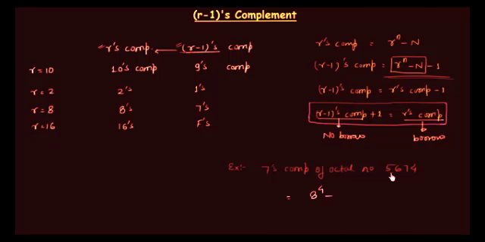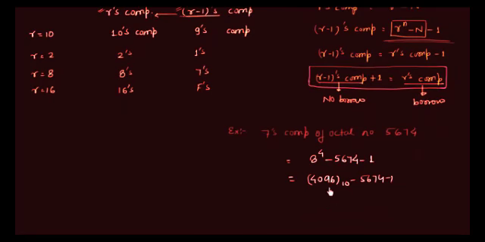Minus capital N is 5674 minus 1. 8 raised to power 4 is 4096, but this is in decimal and we want the octal equivalent of it. So we will convert this decimal number to octal, and you will have 10000 in octal minus 5674 minus 1. 10000 minus 1 will give us 7777.